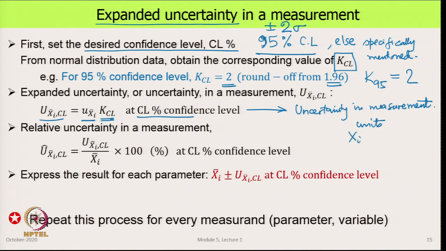So, the result, which is x i bar plus minus u x i bar at some confidence level, always has the units, and preferably both should have the same unit. It is quite troublesome if you say that the pressure I am reporting is in kilopascal and the uncertainty in Pascal. It is best to report both with the same units.